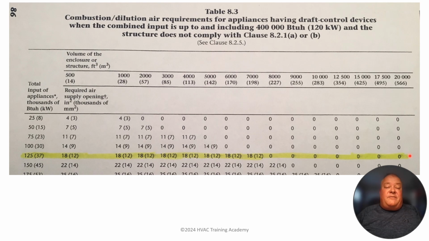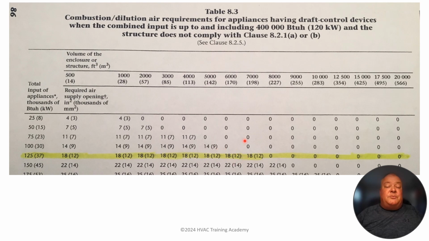Now, if I gave you different dimensions and told you, again, that we didn't have enough air, so let's say I gave you house dimensions and said that we're at 6,500 cubic feet, we'd be in between 6 and 7, so we go to 6, and we come down here, and as soon as we see a number in this line, that indicates that we don't have enough air in the house.